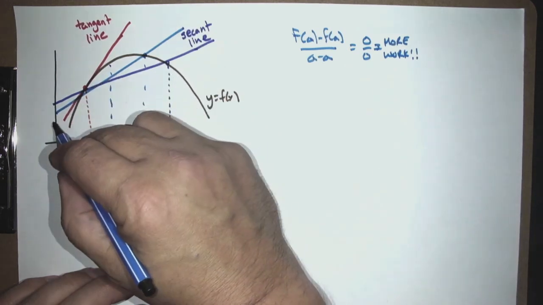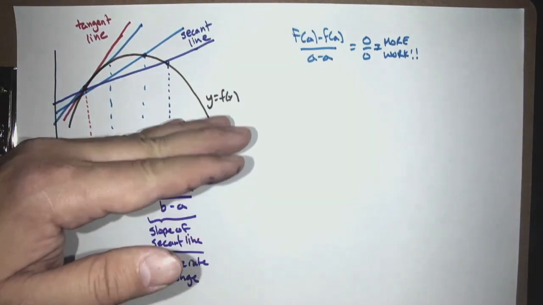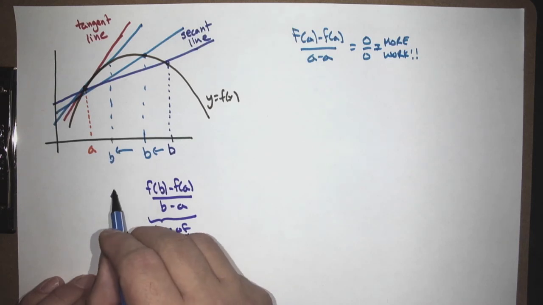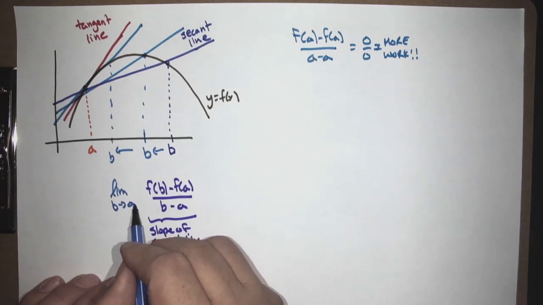So as I move B, what's happening to my secant lines? My secant lines get close to my tangent line. So the slope of my secant lines gets close to the slope of the tangent line. So what we'll do is we'll let B go to A, and that's what limits are. What happens as B goes to A?